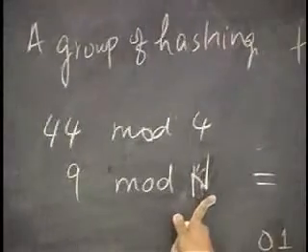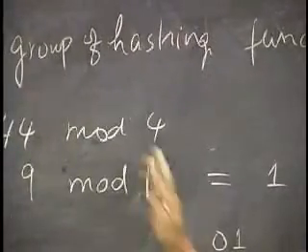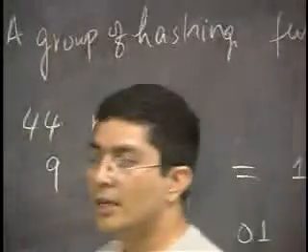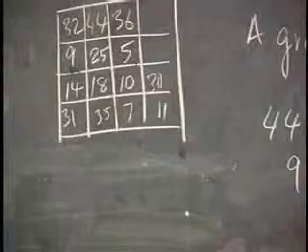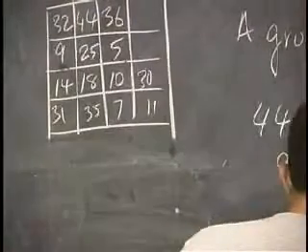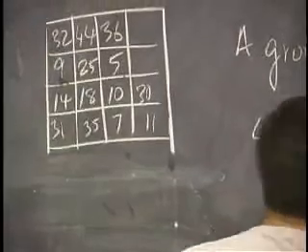If there were 8 buckets, it would be a slightly different hashing function. I think that 5 made it clear. Okay, so let us continue with this, with 4.